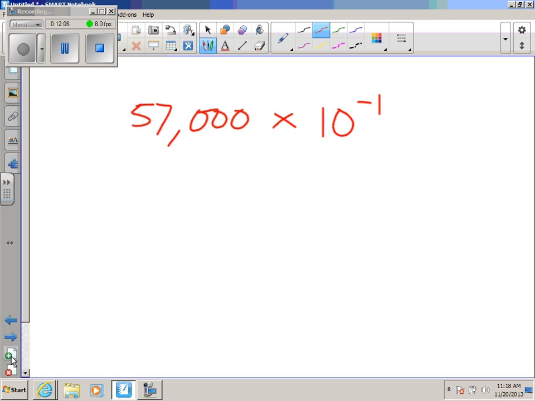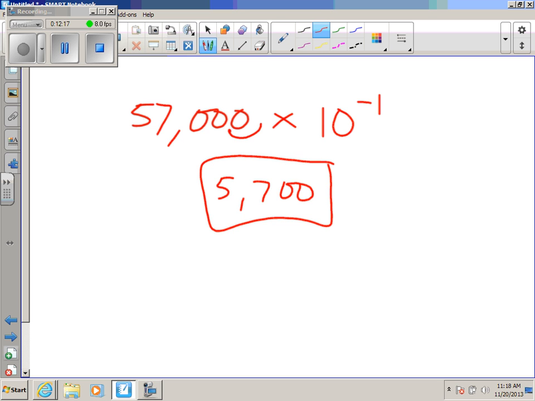So again, I'm not going to go to the right one. I'm going to go to the left one. So now I have 5,700. So if it's a negative power, I treat it just like it were the opposite operation.